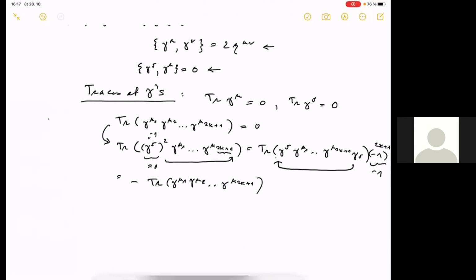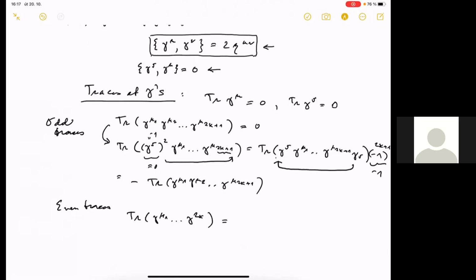What about even traces? So let us have such a chain. And now let us use this defining algebra in order to anti-commute successively this gamma mu1 to the end of the chain. And then we can again use the cyclicity of the trace and relate it to the original trace.